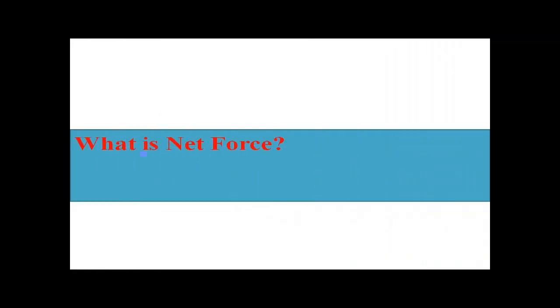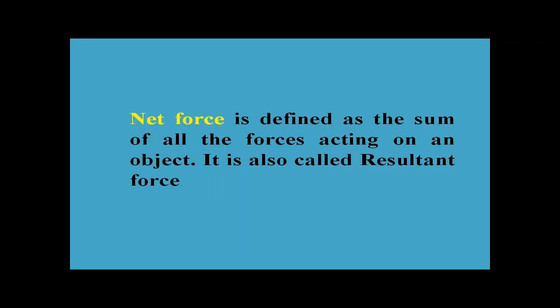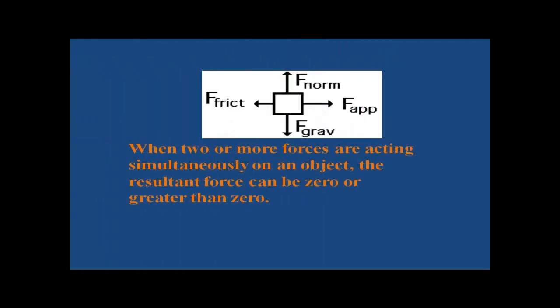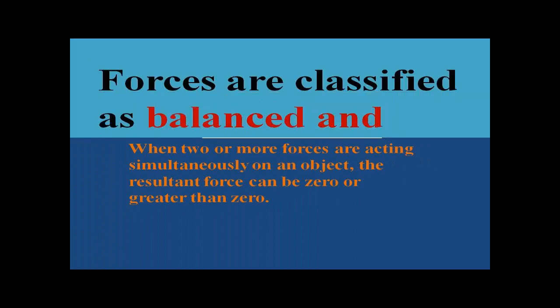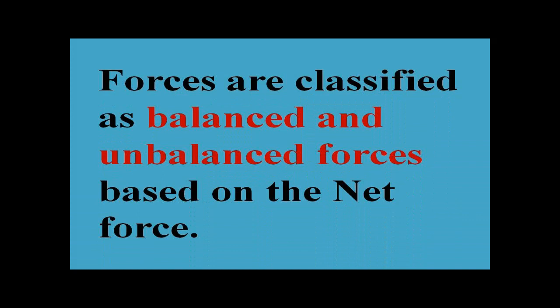What is net force? Net force is defined as the sum of all the forces acting on an object. It is also called resultant force. When two or more forces are acting simultaneously on an object, the resultant force can be 0 or greater than 0. Forces are classified as balanced and unbalanced forces based on the net force.